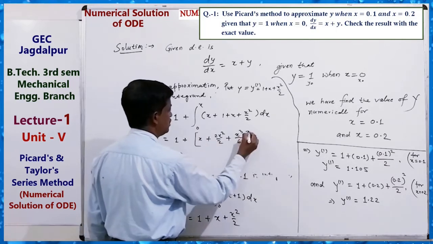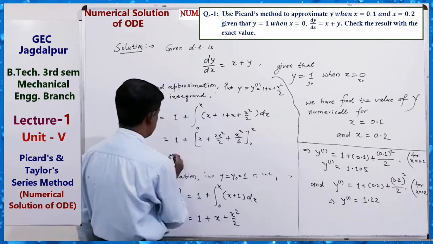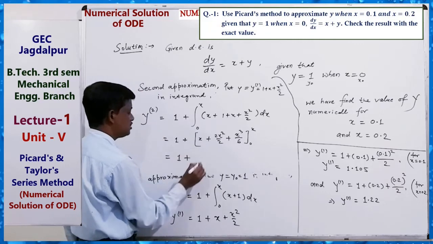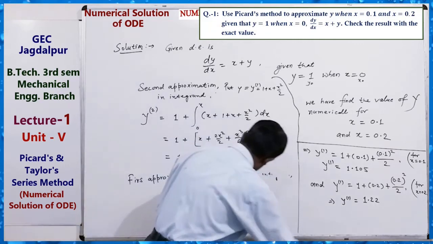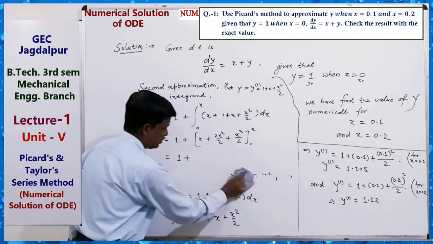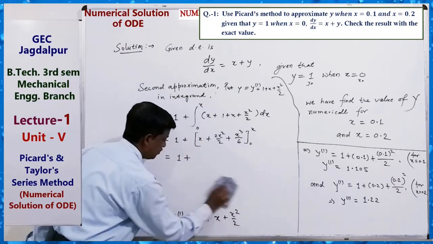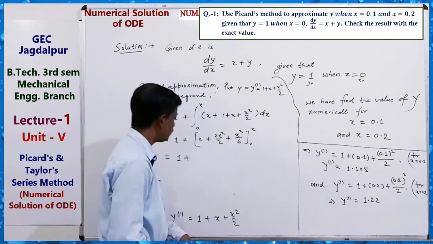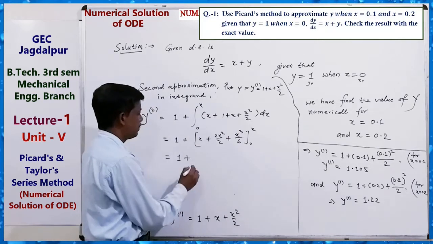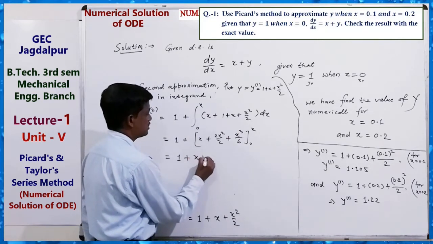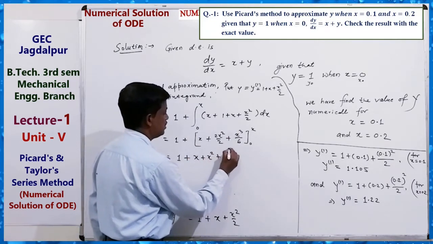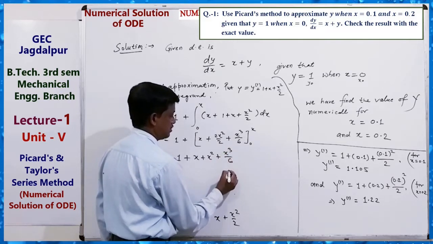This is the integration from 0 to x. So we get 1 plus x square plus x cube by 6.